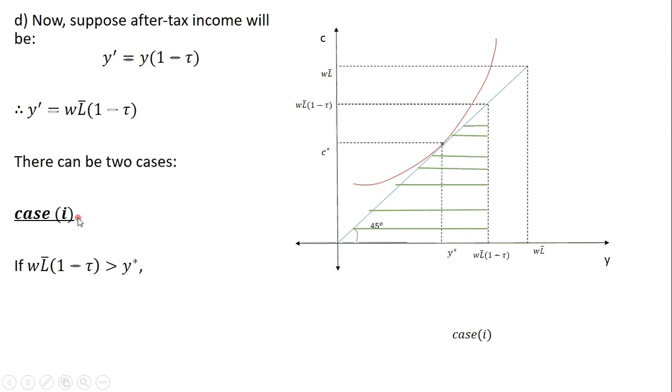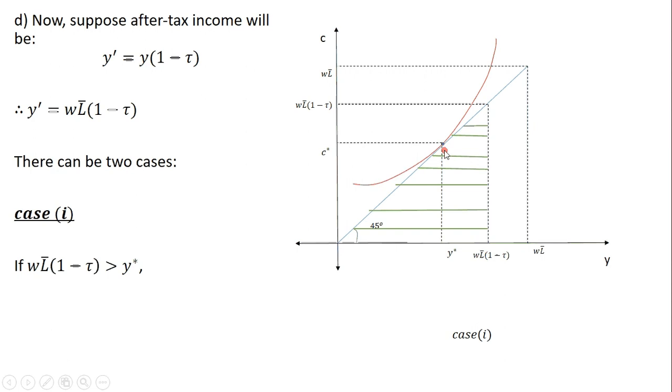If W L bar minus tau is greater than the initial choice, that is y star, then we can see that our feasible region is reduced, but it does not impact our initial choice.